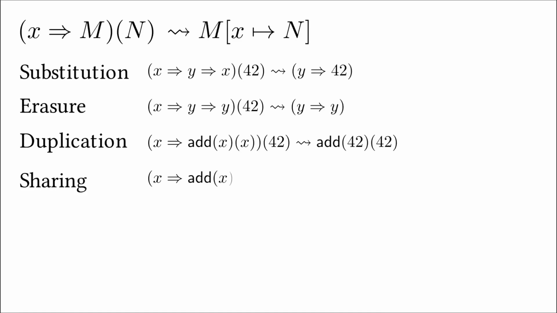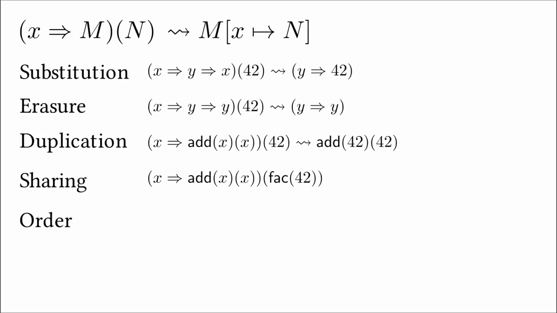And also, if we have a large function application, for example factorial of 42, which is a large number, and we want to substitute it into the addition function, it's not clear whether this value has to be duplicated immediately, so that the unevaluated function is explicitly substituted into add factorial of 42 plus factorial of 42, or if it's first evaluated to a large number and then substituted and copied, so that only the result of the factorial is duplicated or cloned. This is not obvious, so it's also implicit in this rule.